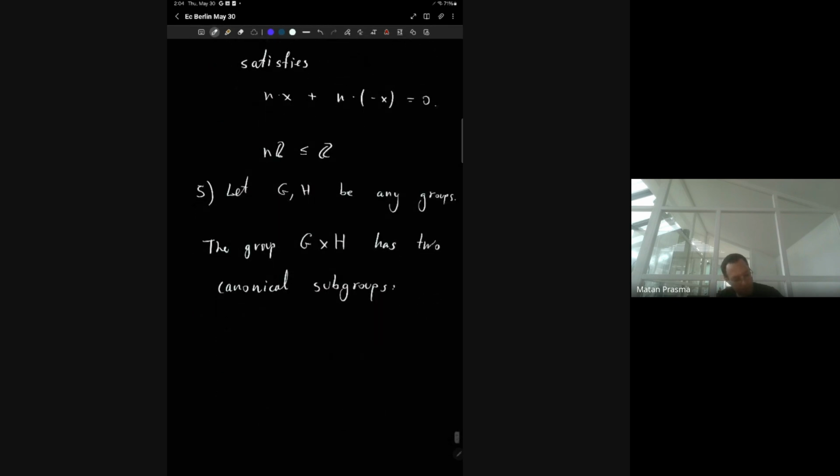One, so I remind you, G times H is the set of elements x, y, such that x is in G and y is in H.